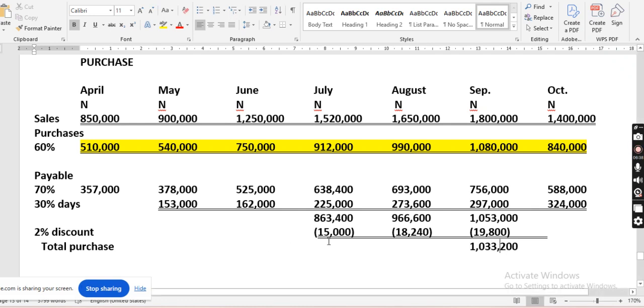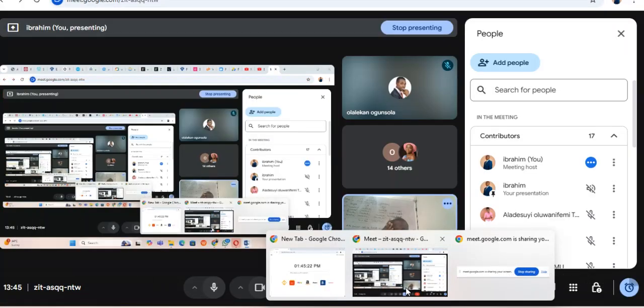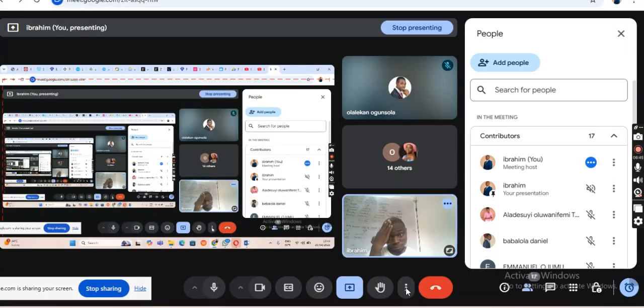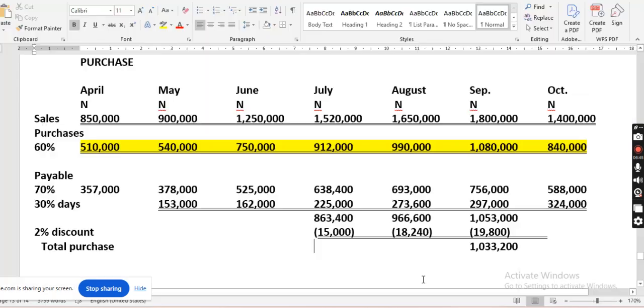Sharp. I just need the figure so that we move on, please. Next. August, 948,360.